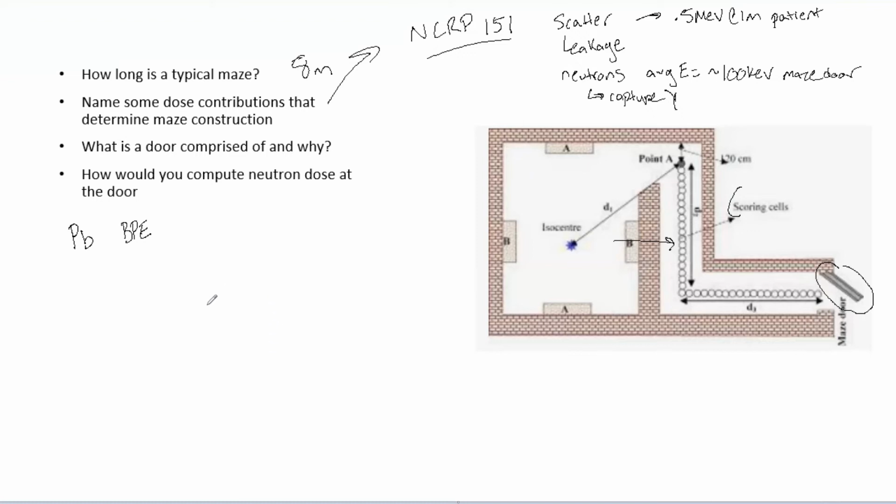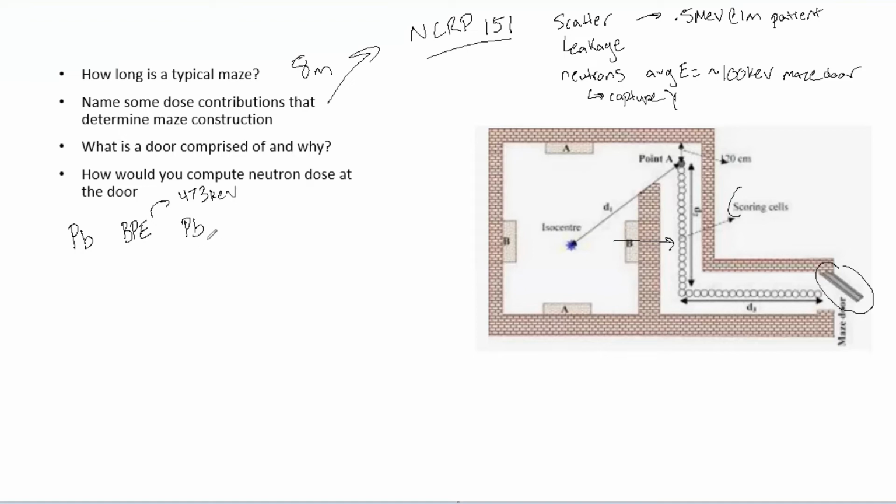This polyethylene thermalizes the neutrons, meaning it reduces the energy of them. And then the boron captures the neutrons, and that does release a gamma. Remember, we talked about neutron capture gammas. It does release a capture gamma of 473 keV.